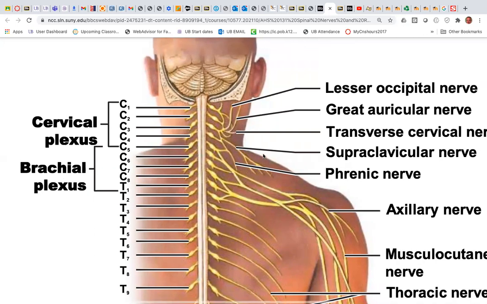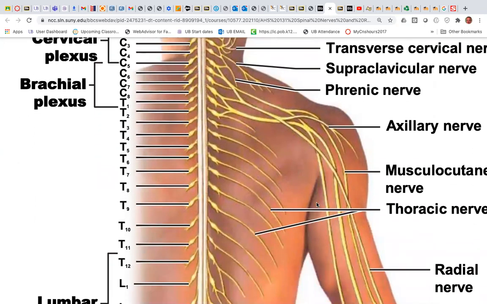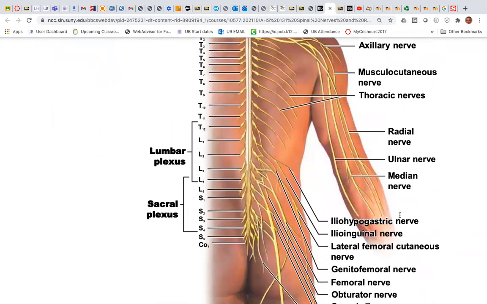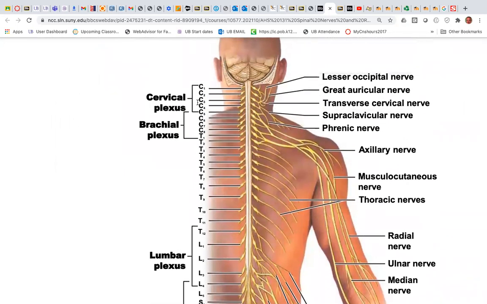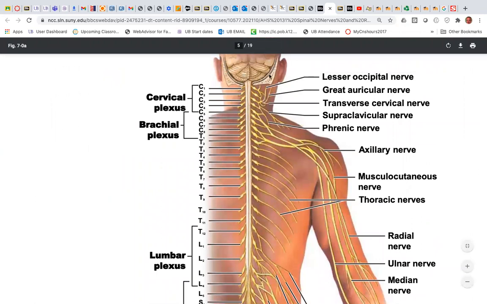If you look on the reading, you'll see that it looks like a braid. It intertwines, it overlaps, it makes like a messy meshwork. Going down the shoulder, down the arm, all the way down into the fingers is the brachial plexus. And the cervical plexus pretty much goes up to the head and the muscles of the head and the scalp.